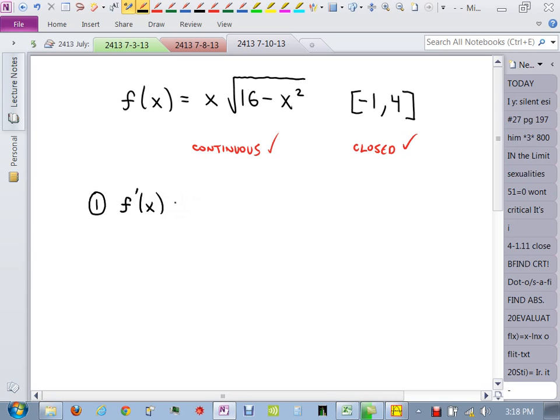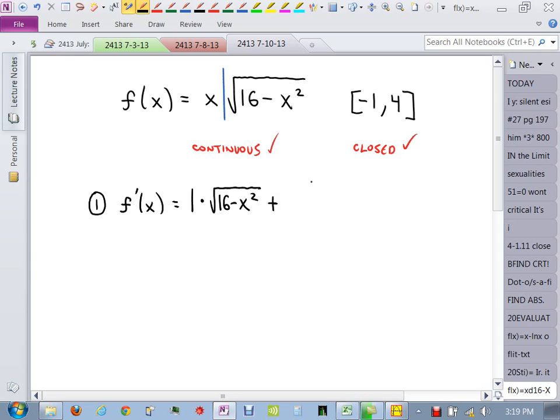What would you like to do here for this derivative, folks? We're going to have chain rule mixed up with what? Product. Here's product right there. So the derivative of this will be the derivative of the first one times the second one plus the derivative of the second one. That's a chain rule, isn't it? Square root of something.